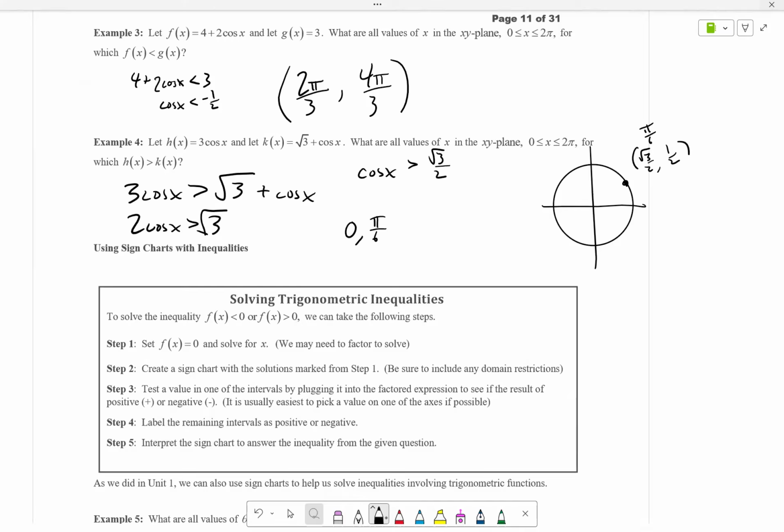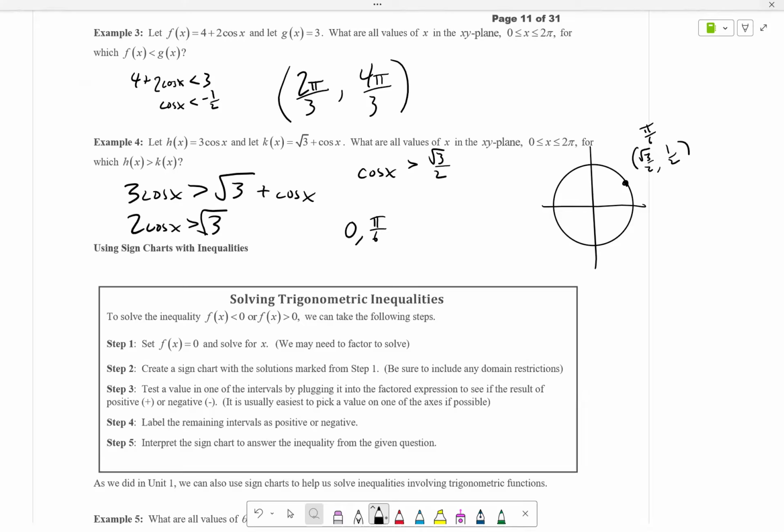Why aren't you going above, greater than pi over 6? Why are you saying it's less than pi over 6? Yeah, we're talking about cosine here, right? So we want those x values to be greater. Okay, are we done? Are we good with this?